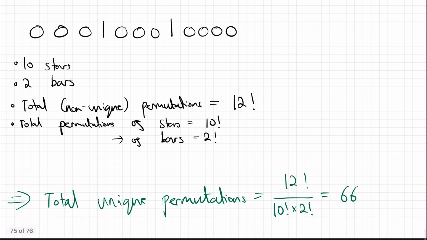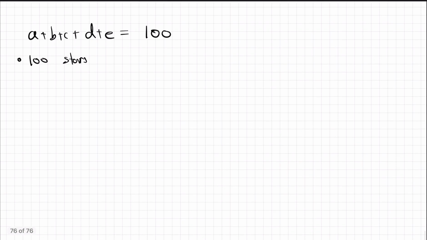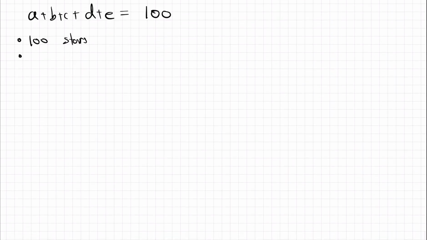And if we look at the example above, there were 3 variables, but we only needed 2 bars, because 1 bar splits the group in 2. So for each bar, you just add a new variable. So the number of variables minus 1 is how many bars we need. So in our case, with 5 variables, we're going to need 4 bars. And that's going to leave us with a sequence.